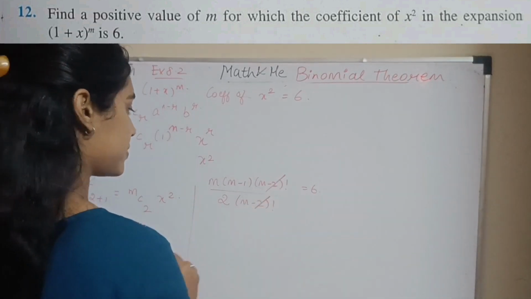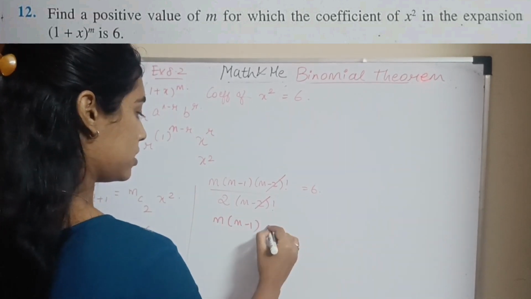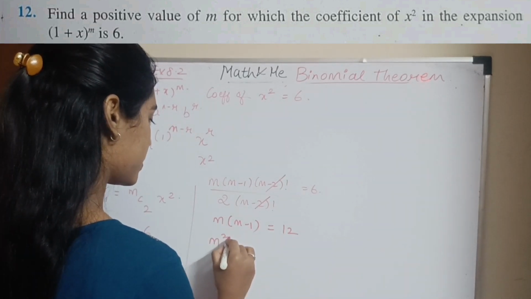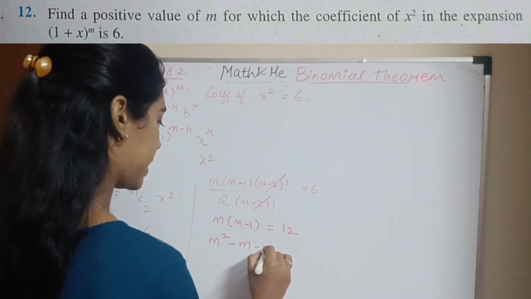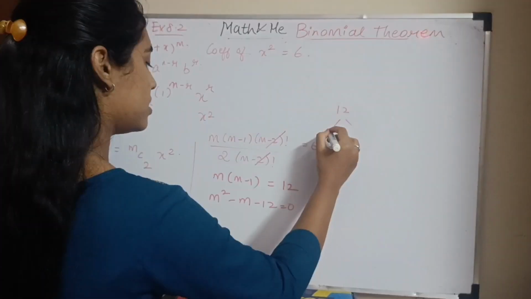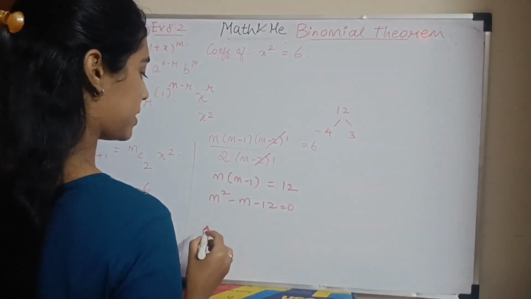So what do I have? This goes off. So I am left with m into m minus 1 equals 6 times 2 is 12. So I have m square minus m minus 12 equals 0. So splitting the middle term, 12 is 4 times 3. So it is minus 4 times 3.